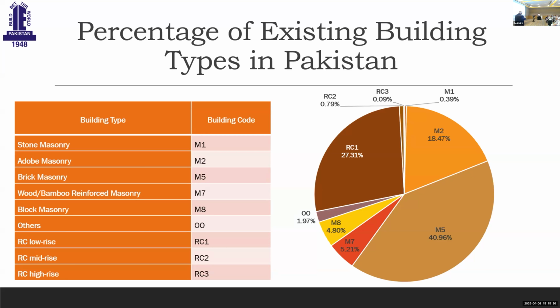But let's say all of them are engineered. The remaining 75% of the built environment in Pakistan is non-engineered. I won't be surprised to have a similar number for the neighboring countries also. Nepal, I'm sure, is no different. India is no different. So is Myanmar, so are other countries. And this is where the problem lies.